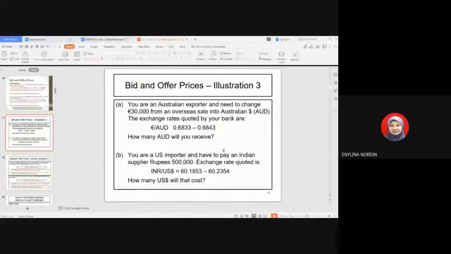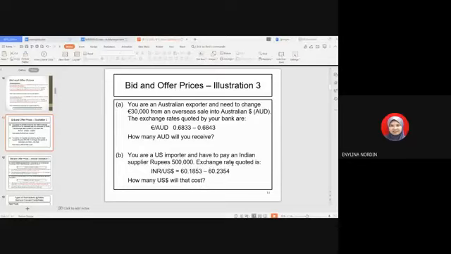Okay, right. In another situation, let's say you are a US importer. That means you buy the goods or services from a foreign country, and let's say the foreign country here is India, right? So India is in rupees. So that means you import. That means you will pay for the product in India in rupees, and that costs you 500,000 rupees.